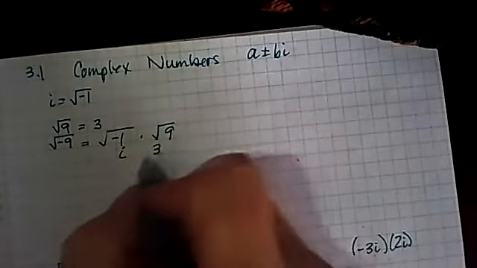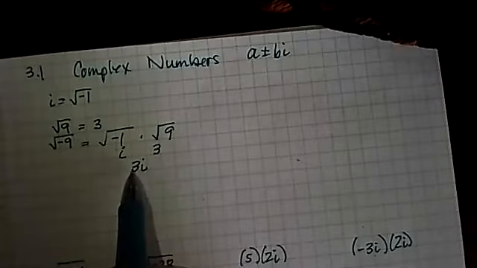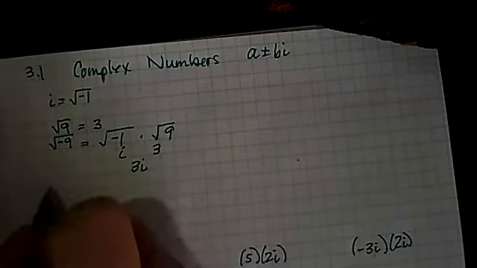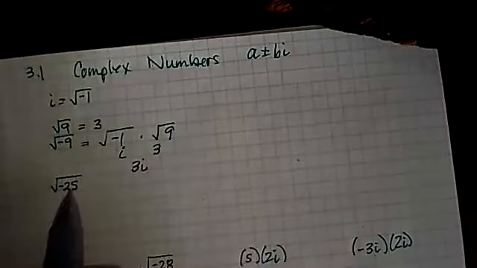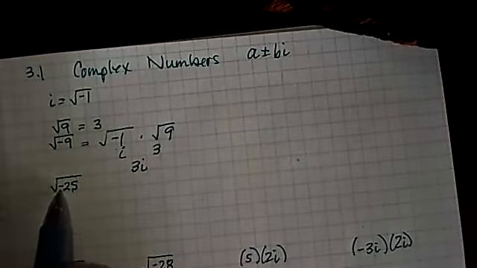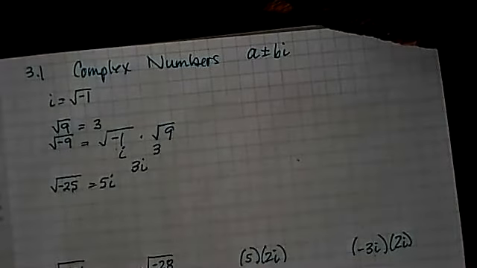So how you want to write that, you want to put your coefficient number, your real number, first before you write that imaginary number. So that would be 3i. So if I had something like the square root of -25, well, 5 times 5, and then this comes out to be an i, so that's going to be 5i. So I can now do these radicals that have negatives under them.